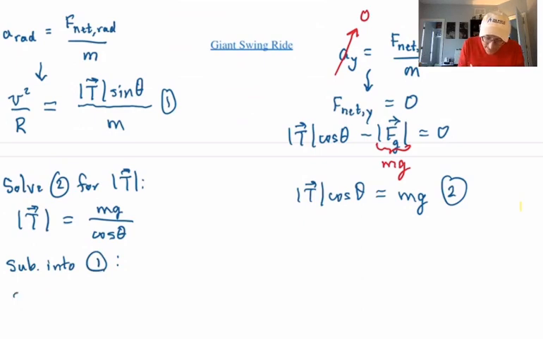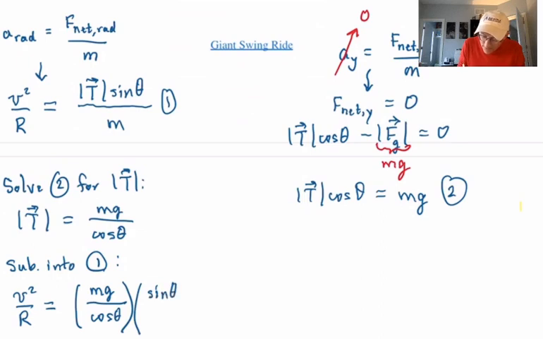So now what I have is v squared over r equals. Now for the T, I'm going to write it like this. Group things with parentheses. mg over cosine theta. That's the magnitude T part in equation 1. And that's multiplied upstairs by a factor of sine theta and divided by a factor of m. You see, all I did was substitute the expression for T into equation 1.